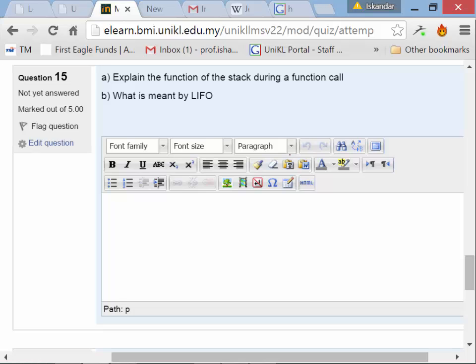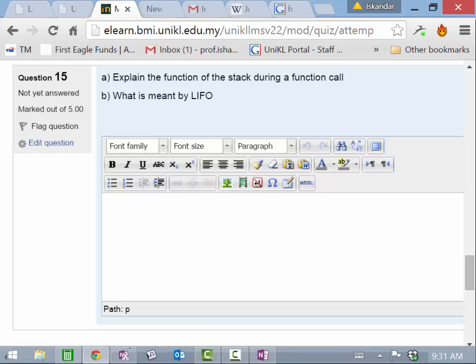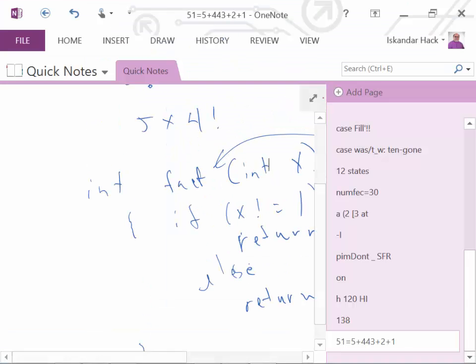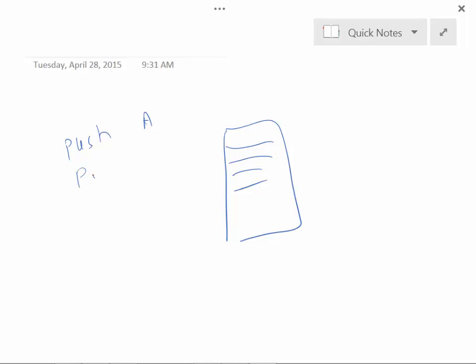Let me review that again real quick. Here's the stack. If we push A, we push B, we push C, it's going to be A, B, C. The last thing we pushed on is at the top of the stack.